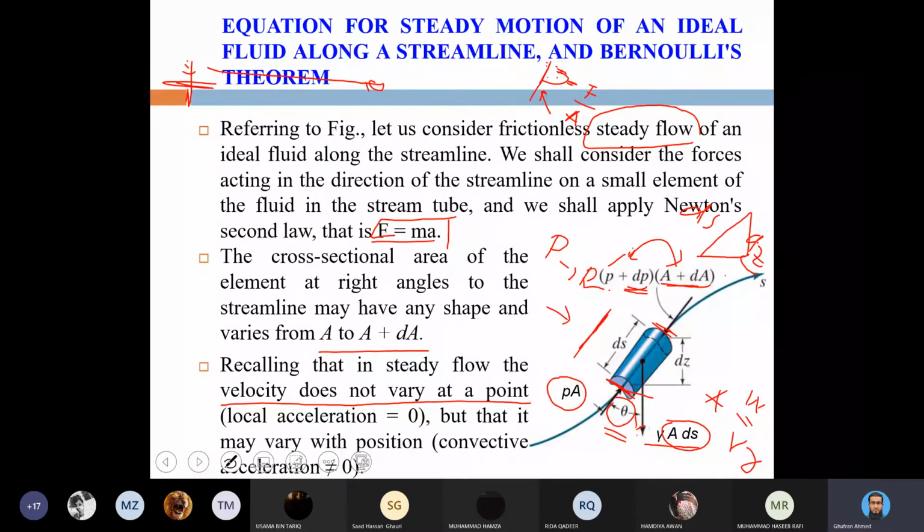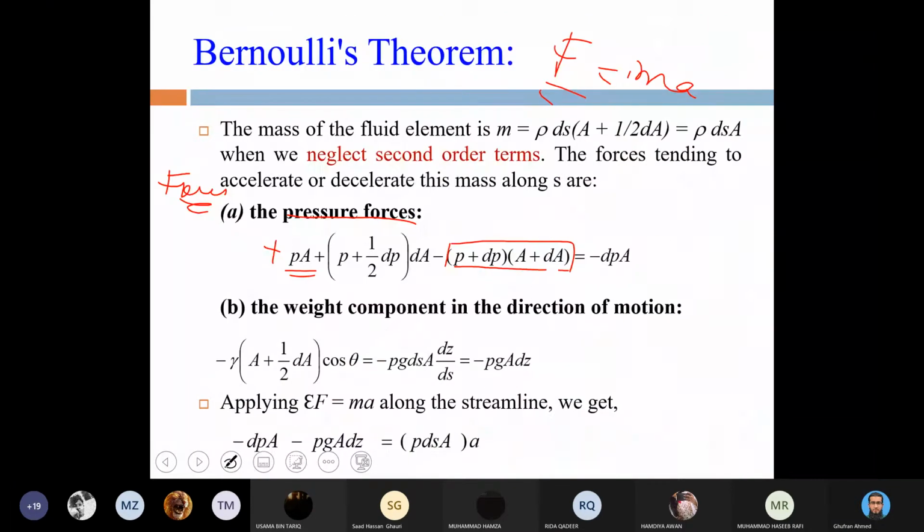There is also a pressure which is acting from the sides of the fluid element, but we do not know the intensity of it. So what we do is we write it as the pressure from the bottom plus P plus dP, divided by 2.